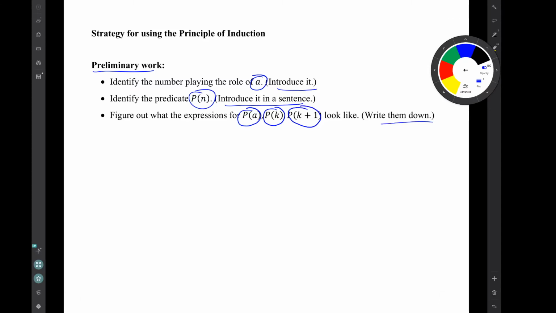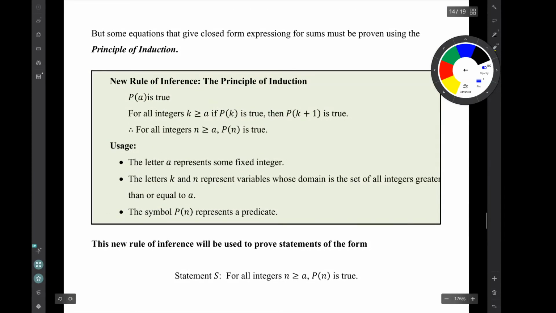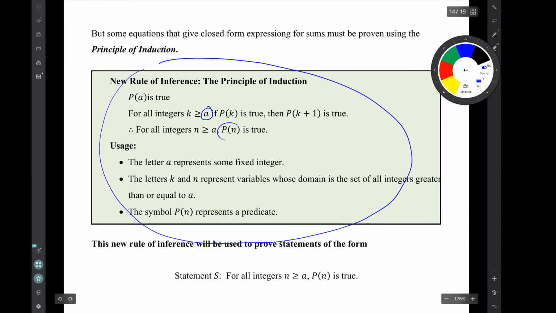So I'm just going by what's mentioned in this rule of inference. The symbol a is there. The predicate P(n) is there. P(k) is there. P(k+1) is there. P(a) is there. All of these things are mentioned in this rule. So we have to make sure that we know what those things are before we can think about building this argument.